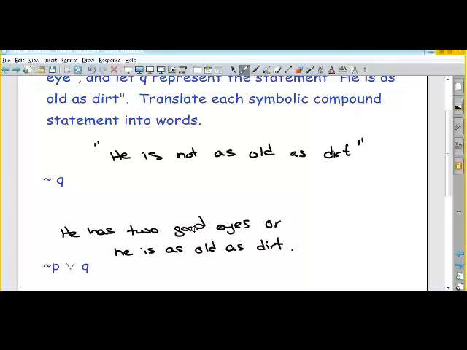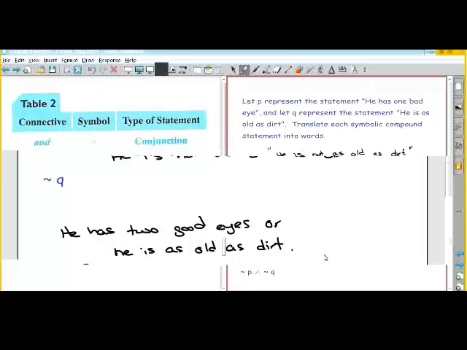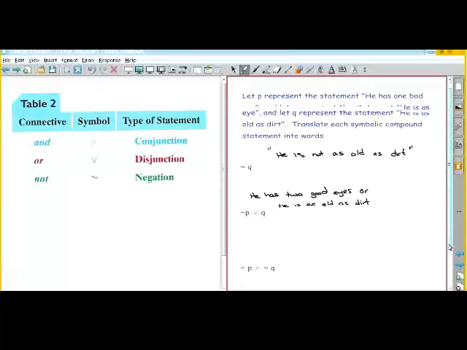So I decided that the negation of that is he has 2 good eyes. This represents the or, and then statement Q is directly from up here. He is as old as dirt. So you just copy. When you have just the statement by itself, it's easy to just copy it down. Let me put this there.